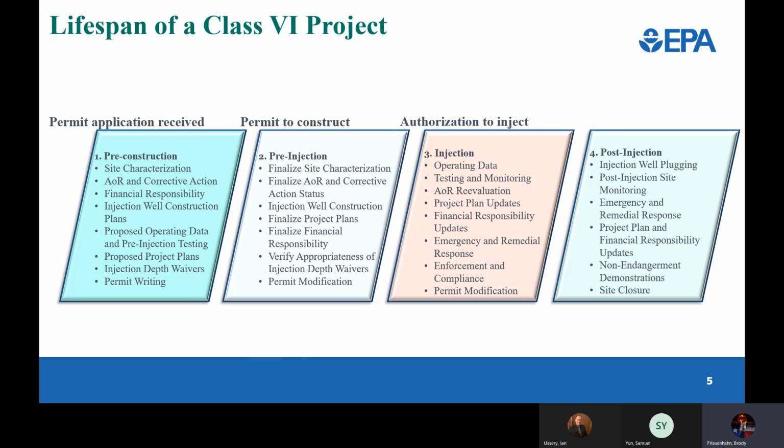With each piece of data that we continue gathering throughout the phases of this project, we're able to learn more and more, and we can tweak and modify these different aspects of the application to be sure that the CO2 that's injected stays where it's supposed to stay, and that all of this is done safely and groundwater is protected.